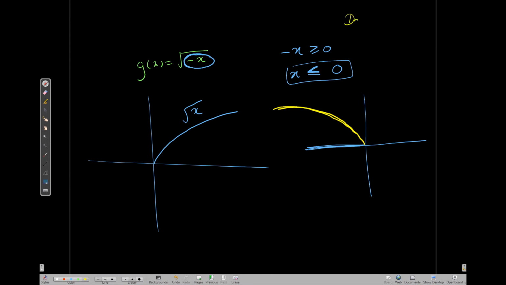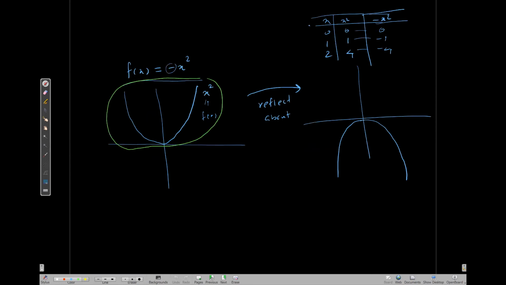Our domain is all negative numbers, because negative of negative becomes positive. I think that example makes sense for you.